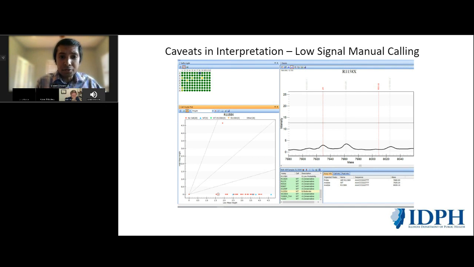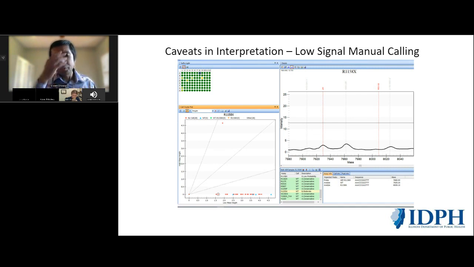However, you can see one of these red circles is highlighted where you can see a peak that's present here, right? Under the wild type peak. However, there is no mutation peak. Despite a weak peak being present, the interpretive software is not calling it, because it's not crossing the minimum threshold that the interpretive software requires for it to call.